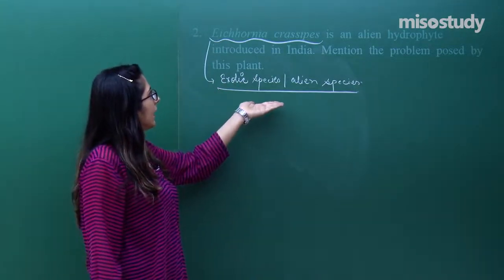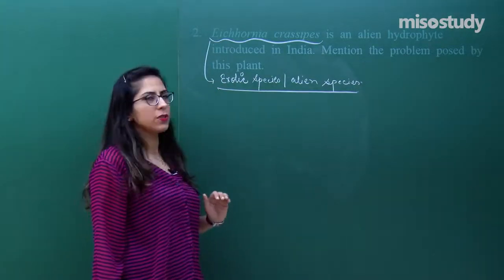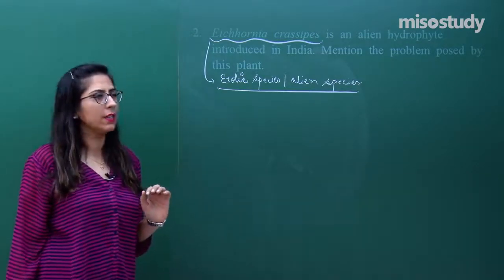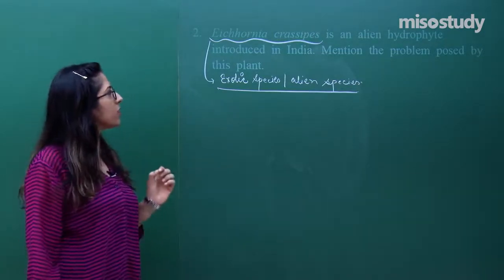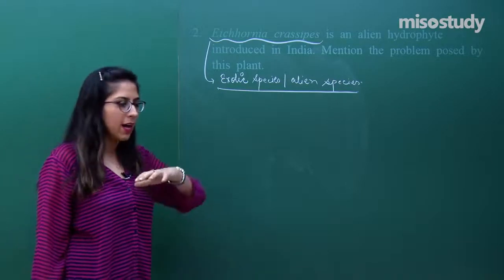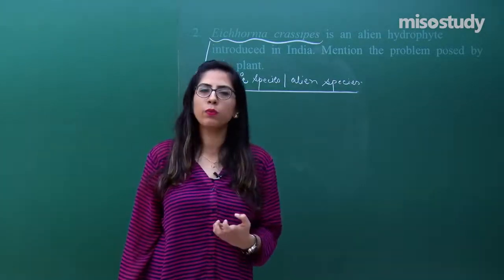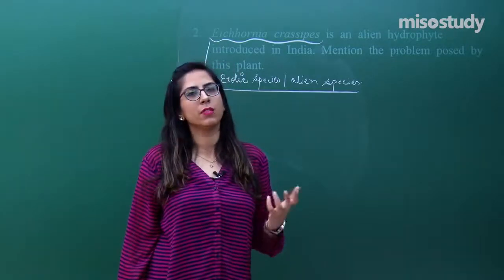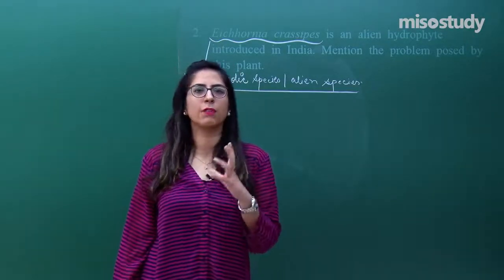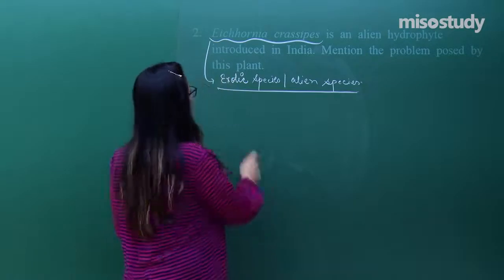As it is an alien, exotic species introduced in India, the problem associated with it is that they cover the whole stagnant water body, due to which the biodiversity in the aquatic ecosystem gets affected. This is the major problem.